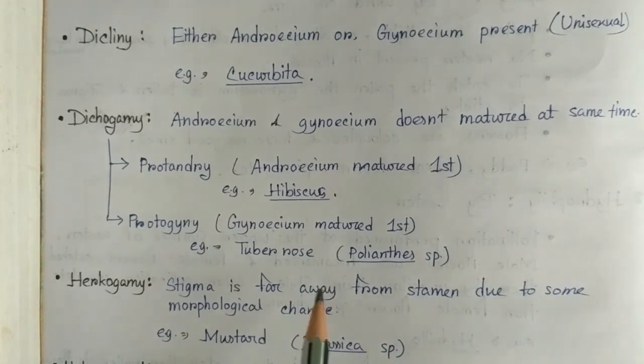So the stigma is far away from the stamen due to some morphological change, genetical change or mutation. So here the procedure is herkogamy and self fertilization is not performed. Cross pollination or xenogamy is performed here. Example, mustard. Scientific name Brassica species.